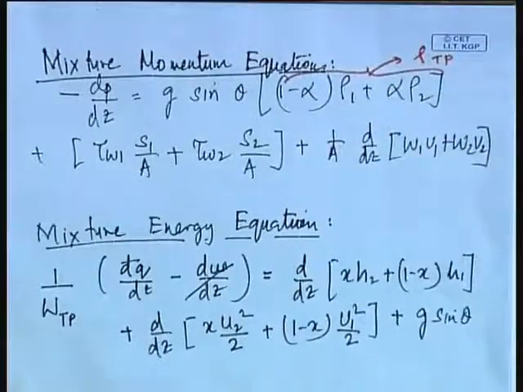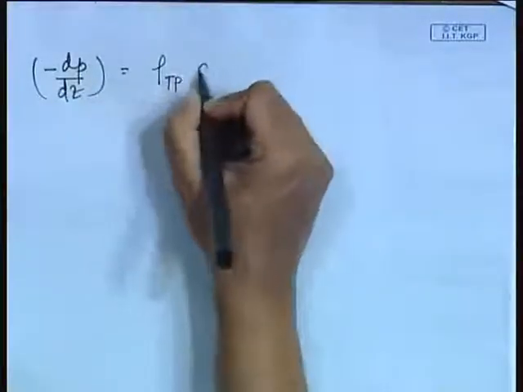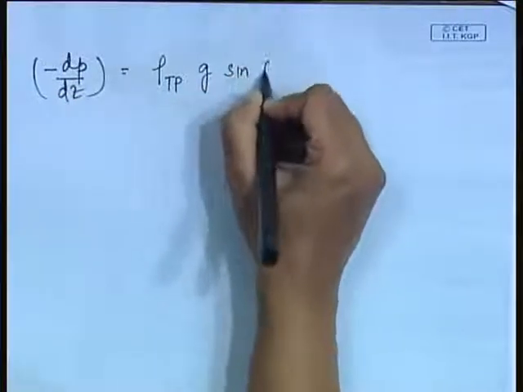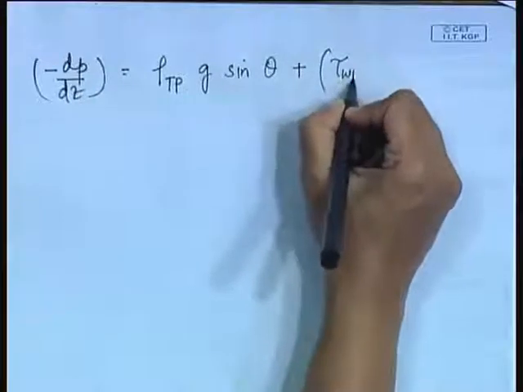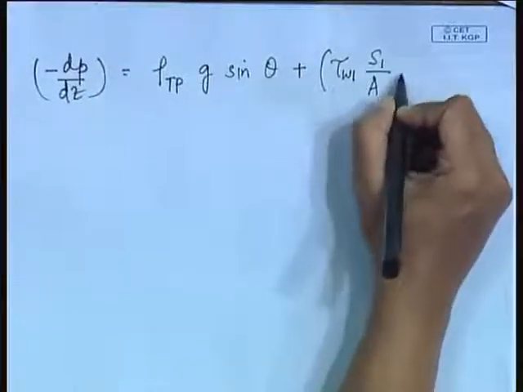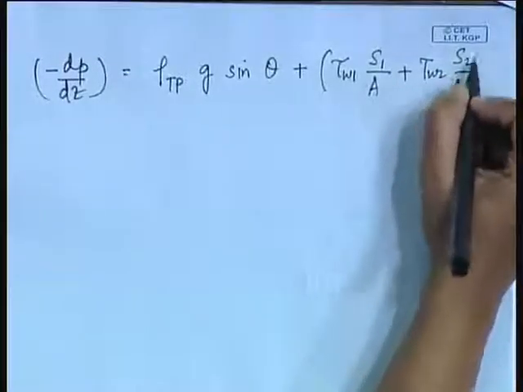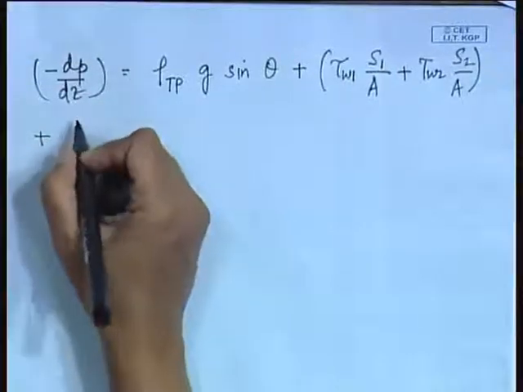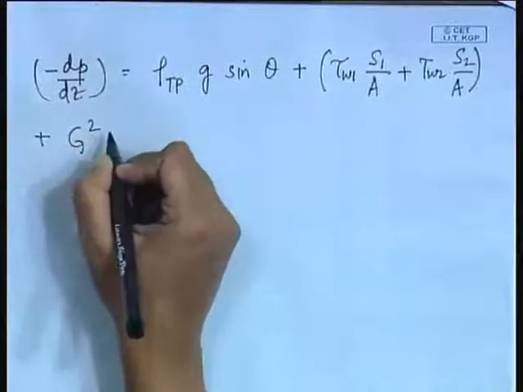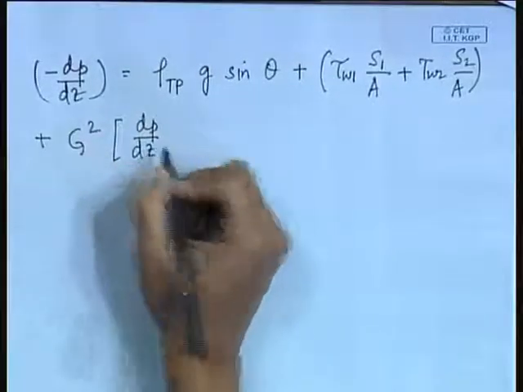So, we can write it as rho Tp g sin theta plus the frictional part, tau W1 S1 by A plus tau W2 S2 by A, plus, if this acceleration pressure gradient is substituted, we get g square, taking the dp dz terms together.